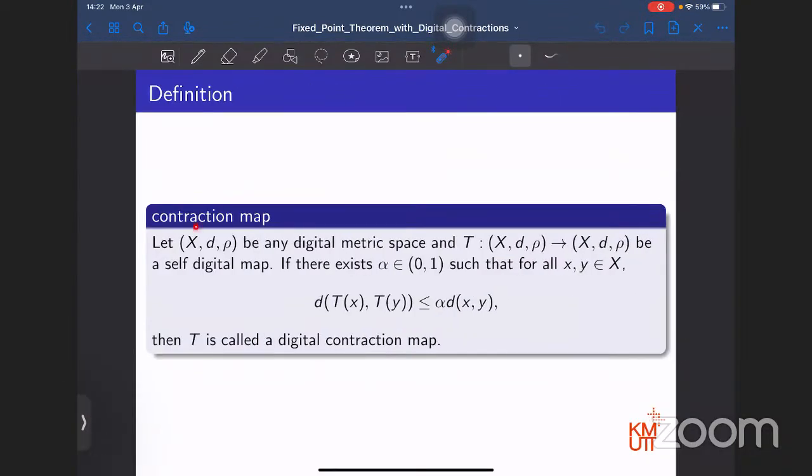Okay, and the contraction mapping: T is called a digital contraction map if the distance between Tx and Ty is less than or equal to alpha times d(x,y), when alpha is in the interval 0 to 1, where it can be 1 and it can be 0.